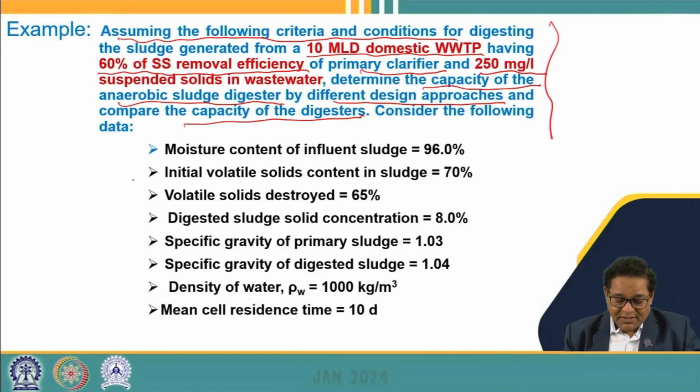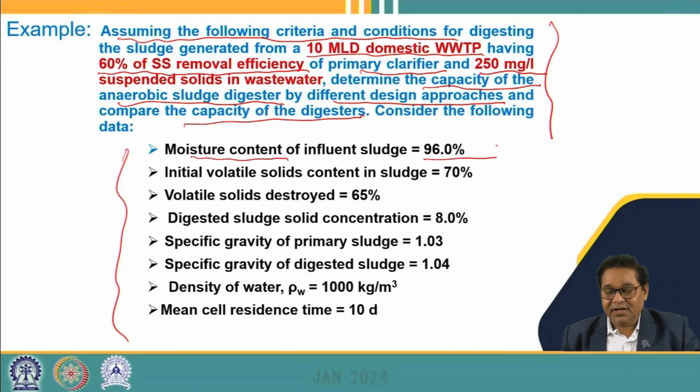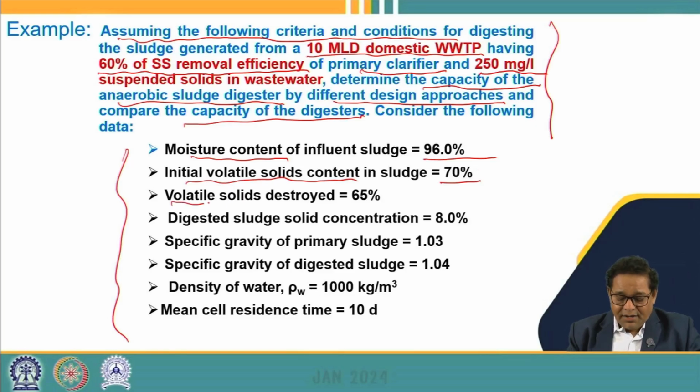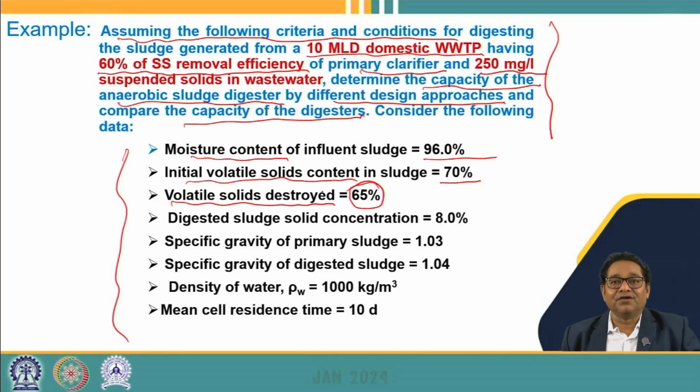The data given is the moisture content, that is 96% of the raw sludge, and the initial volatile solid content, that is 70%. During the digestion, around 65% of the VSS will be digested.